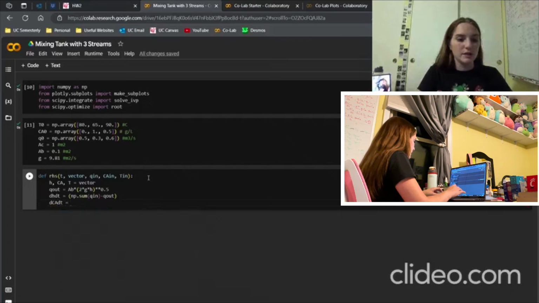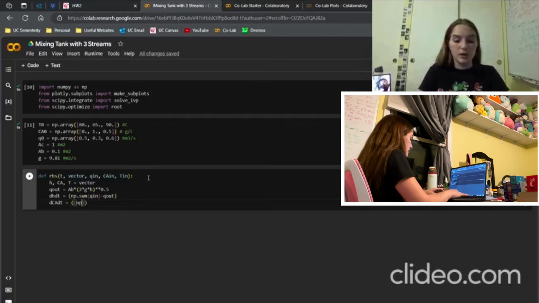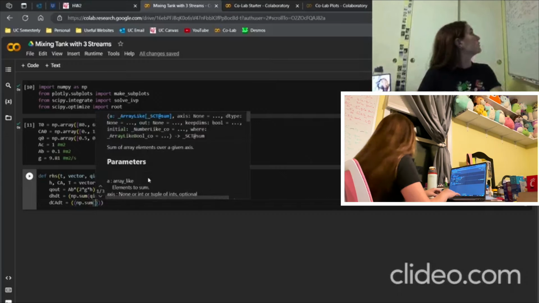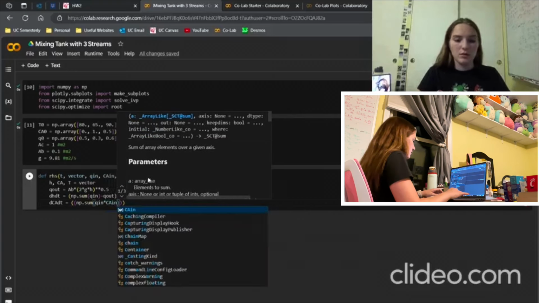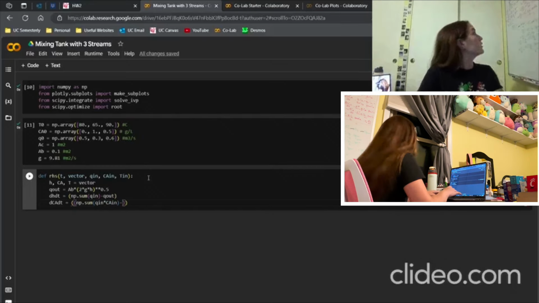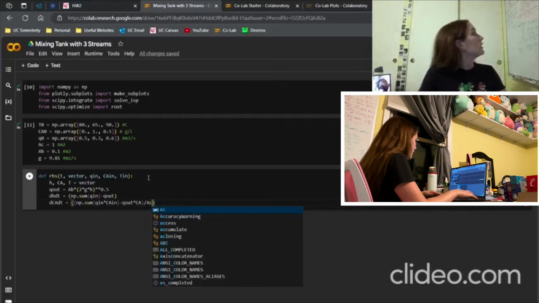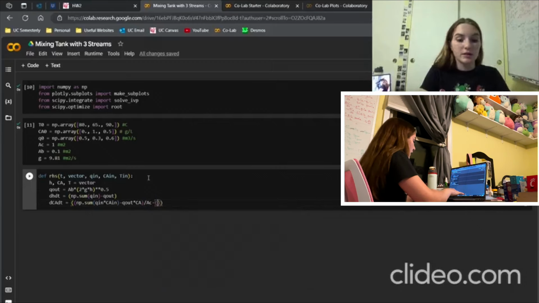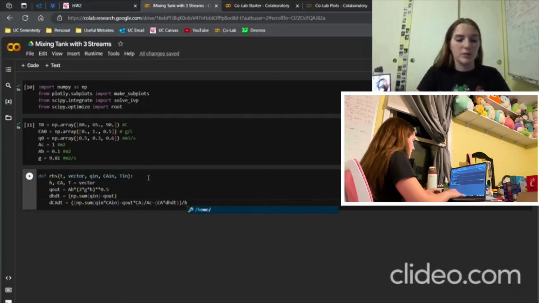Our dCA/dt is going to be equal to the summation of Qn times CAn minus our Q out times CA. And then all of this is going to be divided by our cross-sectional area. And then we are going to subtract our concentration times dH/dt. And then all of this is going to be divided by our height.